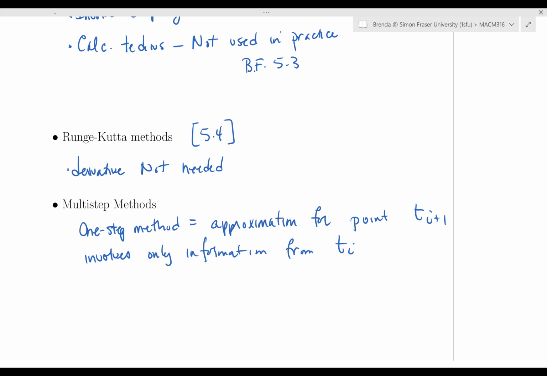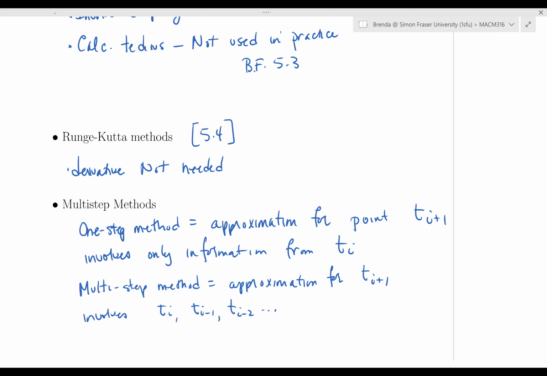Then we have the contrasting idea of the multi-step method. That is where the approximation for y_{i+1} involves y_{i-1}, y_{i-2}, etc. As many of them as you choose.